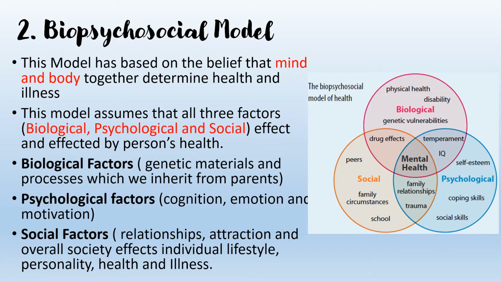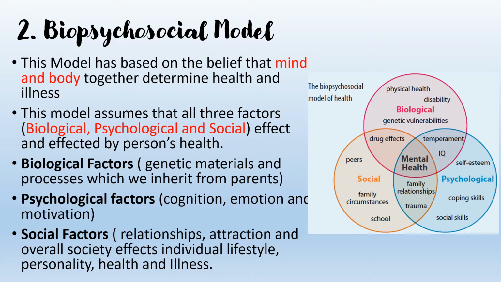Number two is the biopsychosocial model. This model is totally based on the belief that mind and body together determine health and illness, and that is literally opposite to the biomedical model. This model assumes that all three factors, biological, psychological and social, affect a person's health in a positive or a negative way.